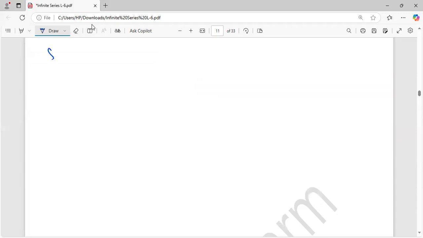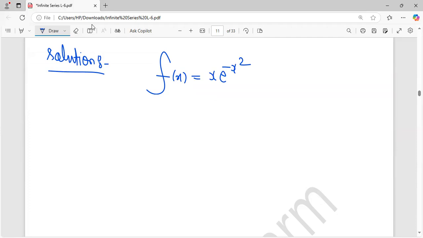The solution. So f(x) is equal to x e to the power minus x squared, we say. So what is f(0)? f(0) is 0. Okay. Sorry, f(1).